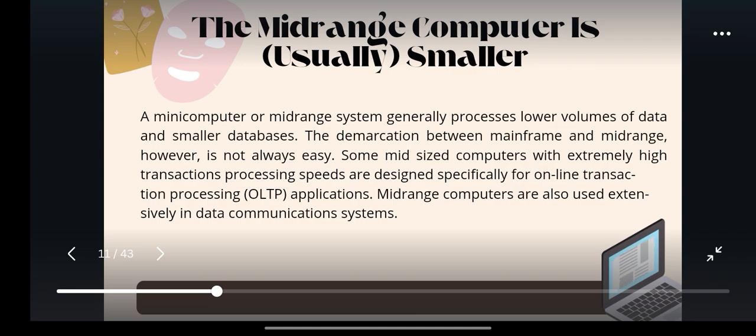The demarcation between mainframe and mid-range, however, is not always easy. Some mid-sized computers with extremely high transaction processing speeds are designed specifically for online transaction processing or OLTP applications. Mid-range computers are also used extensively in data communication systems. So, we saw it in the table from earlier.